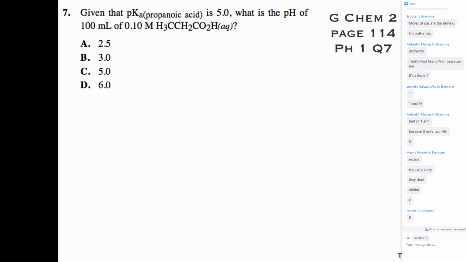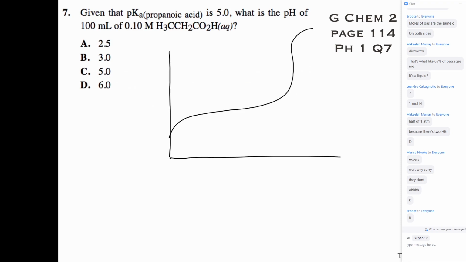Don't freak out. Okay, so given that pK is 5, what is the pH for 100 milliliters of this? Is 100 milliliters relevant? Nope. So the way we get the pH for a weak acid, I'm going to go with my curve again. If we were strong, it would have been down here and look like that. It doesn't.